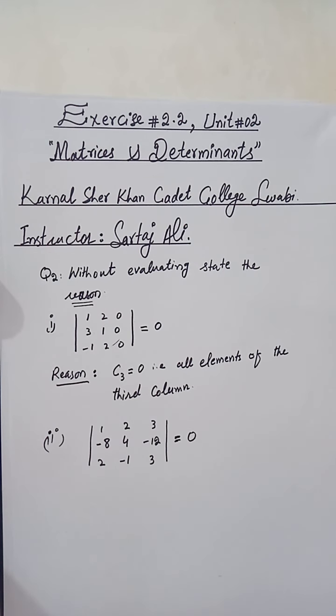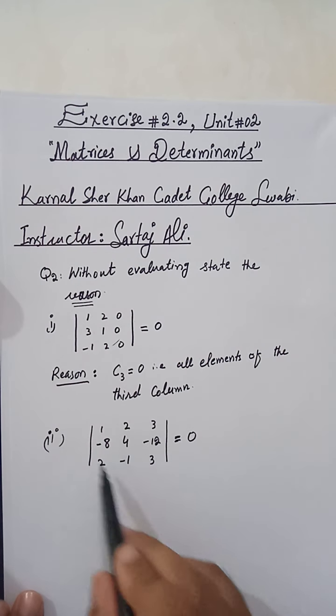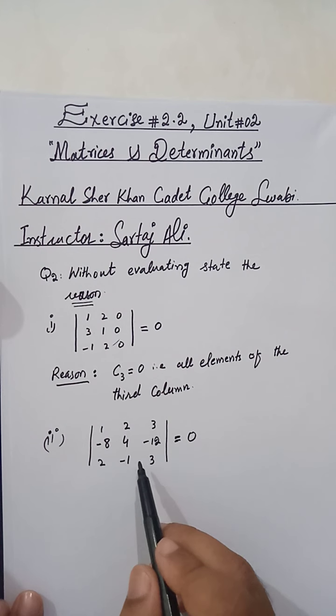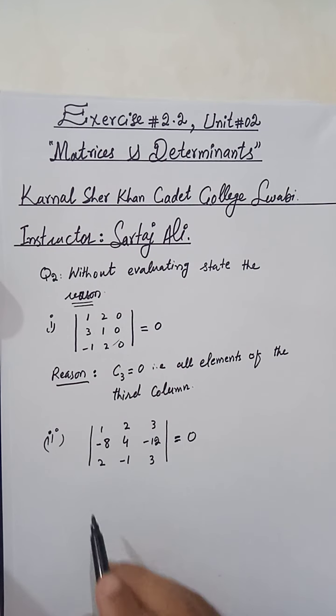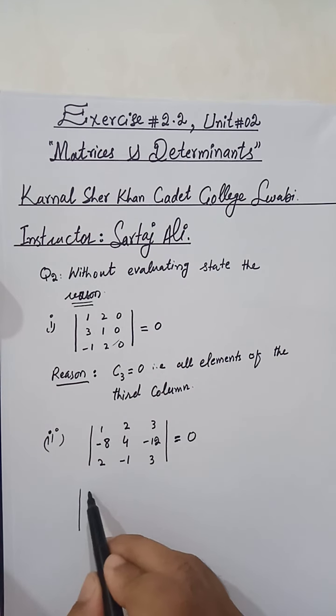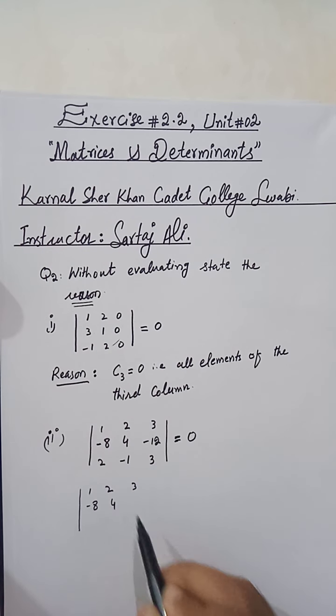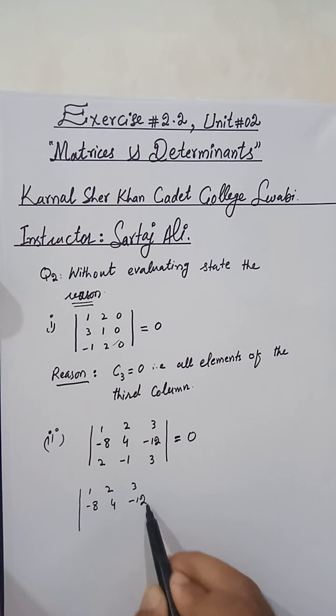We know that we can take common from any row or any column. So if I consider the determinant of the matrix on the left hand side, you see that I take minus 4 common from the second row.